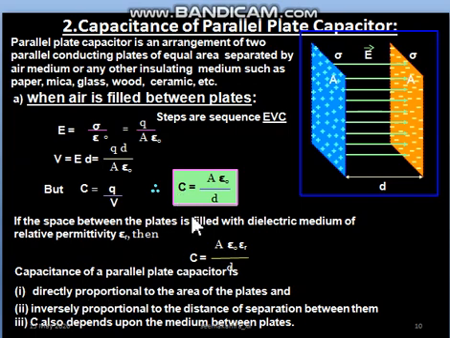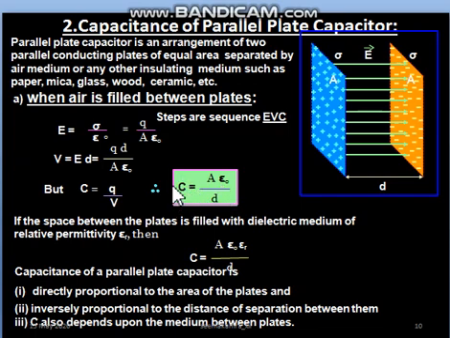So first of all, capacitance depends upon the area of the plates directly. Then capacitance is inversely proportional to the separation of the plates, d. And third thing, that capacitance depends upon the medium between the plates. So these are the three factors which will decide the capacitance value.